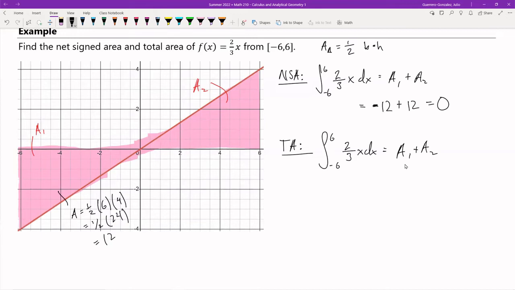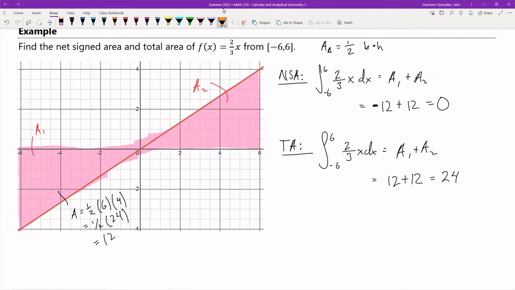It's still going to be the two areas that we want, right? However, now that I'm talking about the total area, this first one, my A1, before it was negative. Now I get to turn it positive. Why? Because I need it to be positive because I'm doing the total area. You see how I'm doing that? So then therefore, this is going to now be 12 plus 12 is 24.